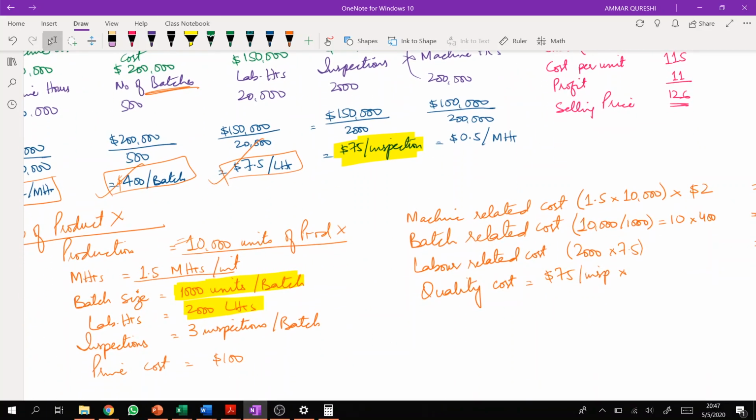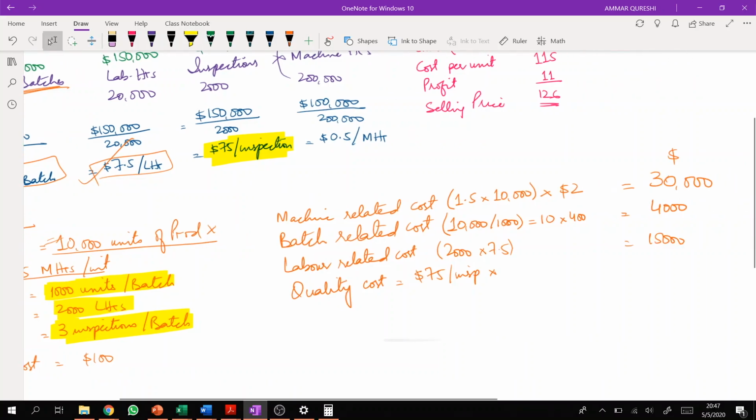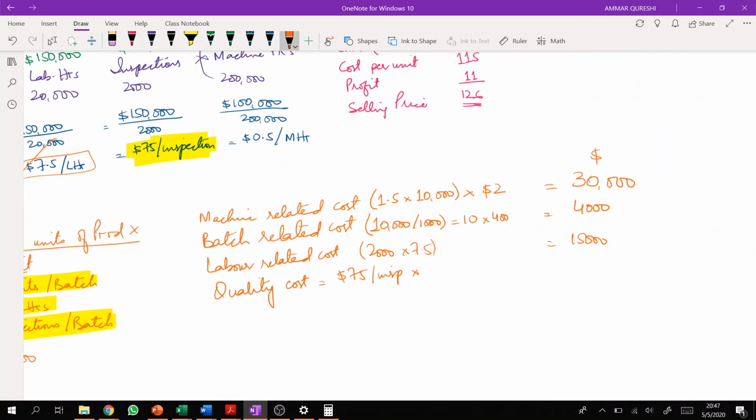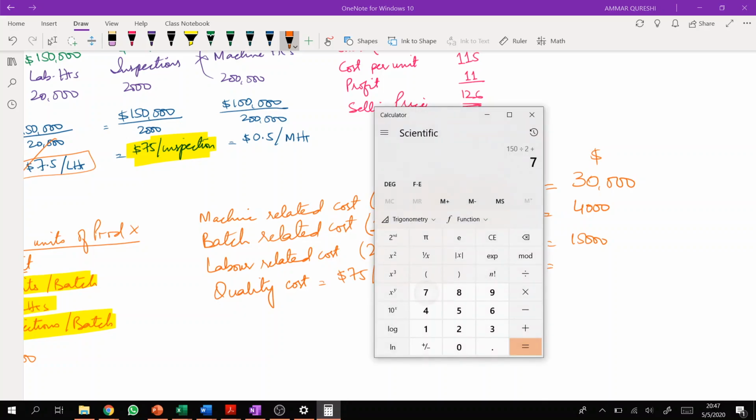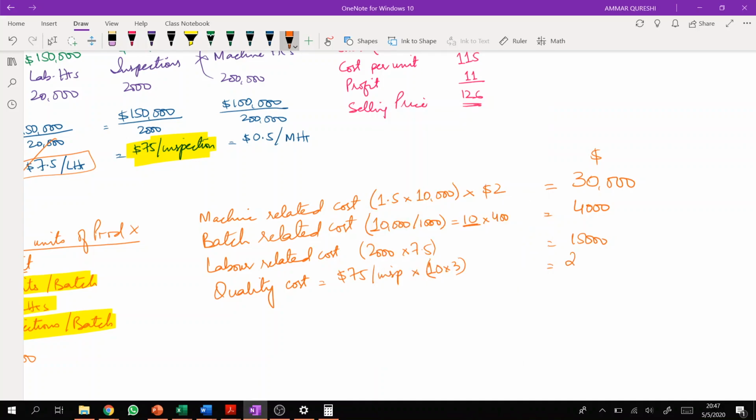The company will require around 3 inspections per batch. We are going to manufacture 10 batches, so 10 batches multiplied by 3 is 30 inspections. 30 inspections multiplied by 75 is around 2250.